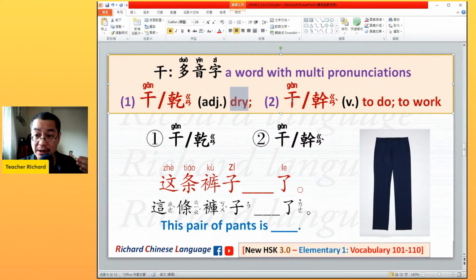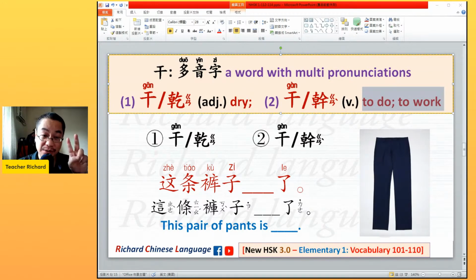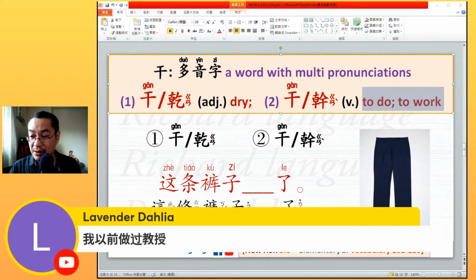And today we talk about the fourth tone 干, which means to do or to work. So you have to know these two pronunciations, which stand for two different meanings. Oh Delia, 我以前做过教授.